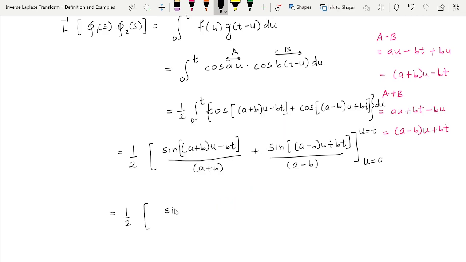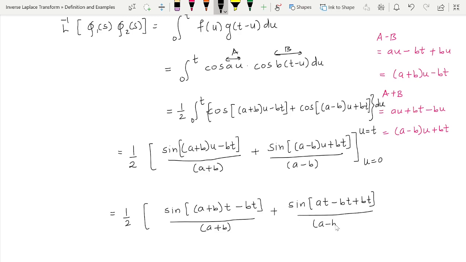This will be sine of (A plus B)t minus BT upon A plus B, and plus sine of (A minus B)t, and if I put that t inside, it will be AT minus BT plus BT upon A minus B. Now this is only for the upper limit.